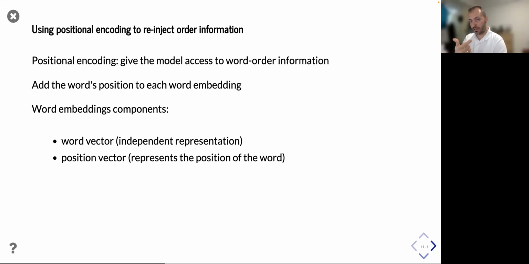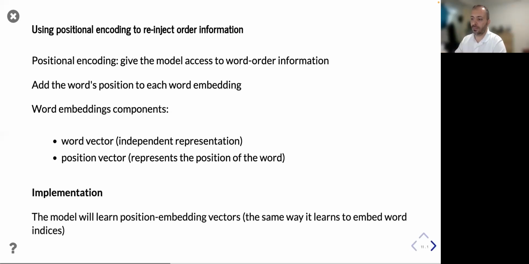So we have the word embeddings that are the outputs of the embedding layer, and now we are going to add also an embedding for the position of the word, not only the word itself. So the actual word embeddings will have two components: the word vector, which is what we saw before, just the output of the embedding layer, and the position vector, which will represent the position of the word.